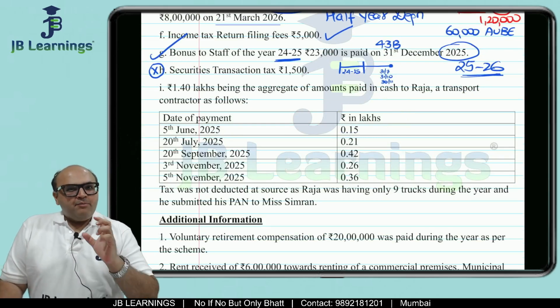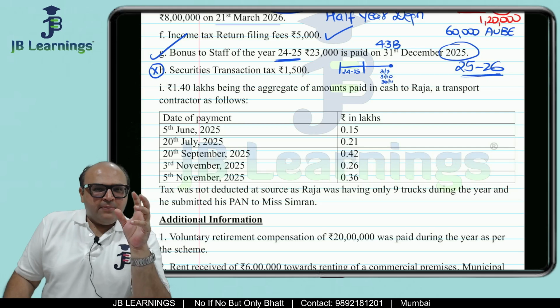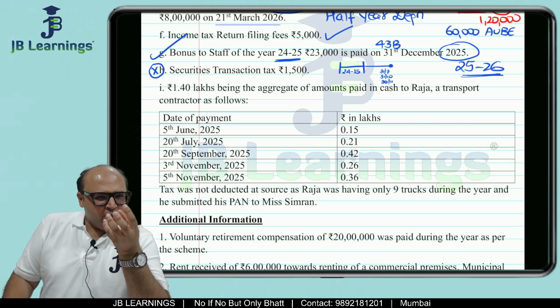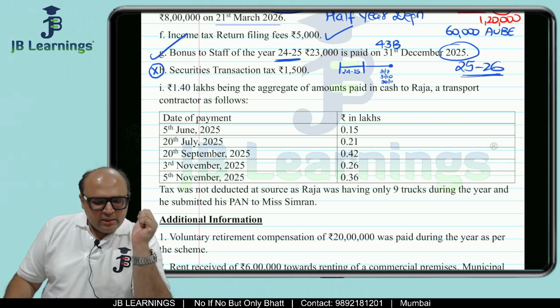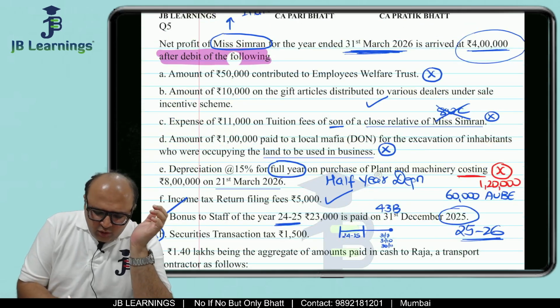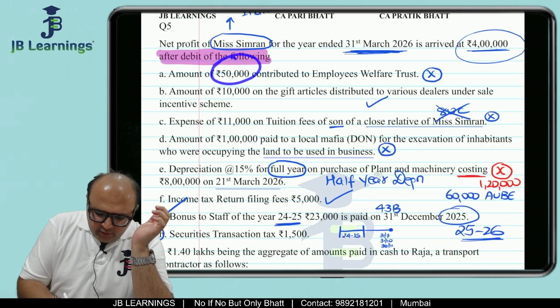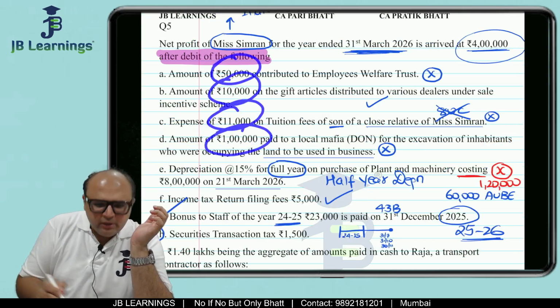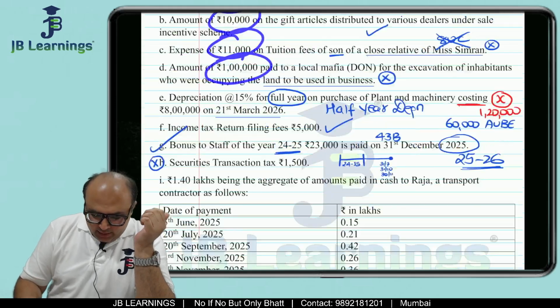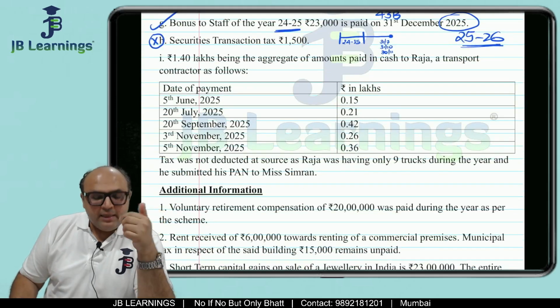See, this can happen in your examination, that suddenly they have changed the way of asking the question. Till now, everything was normal. If you see these adjustments, 50,000, 10,000, 11,000, 1 lakh, 4 lakh. But now in this adjustment, everything is given in lakhs.